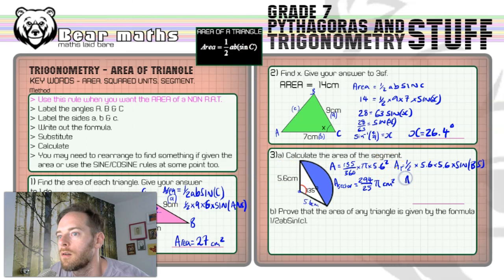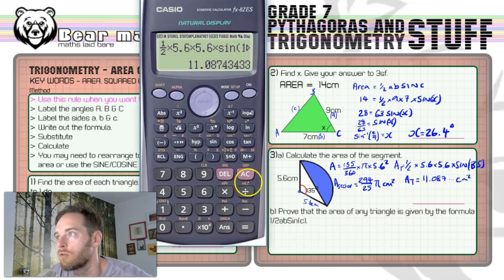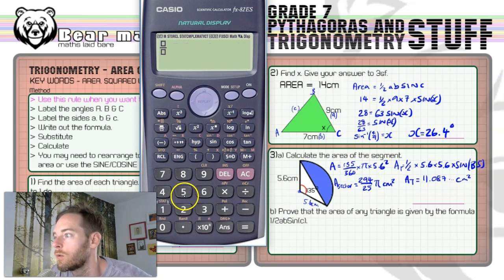Alright, so the area of the triangle equals 11.087 centimeters squared, and we can then type in the 294 25ths of pi, and that's the area of the whole sector, and then minus the last answer that we had on the screen.